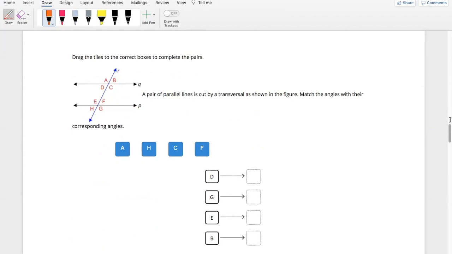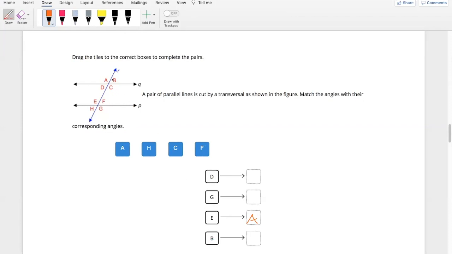All right, we got a pair of parallel lines, again, cut by a transversal. And we're gonna match angles with the corresponding angles. That's what we talked about in some of the other problems. So this same location, so like A is in the top left, and that would correspond with E. They're both in that top left location.